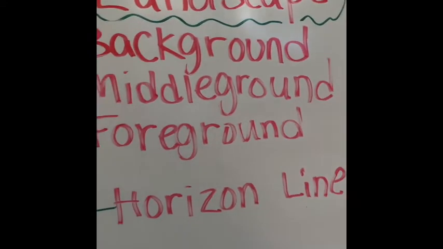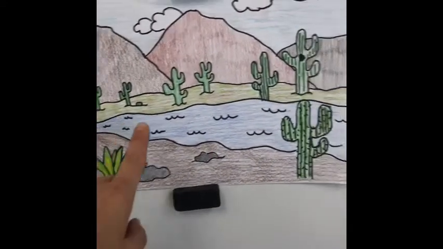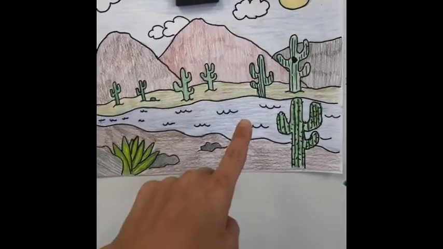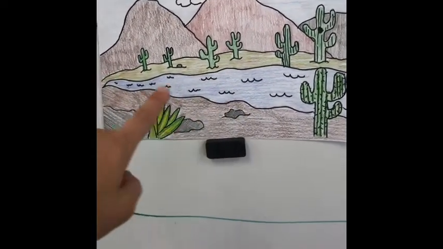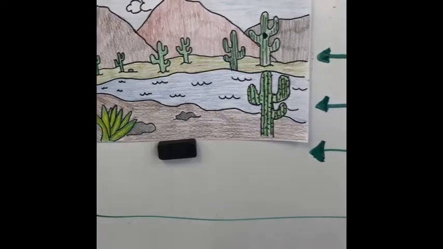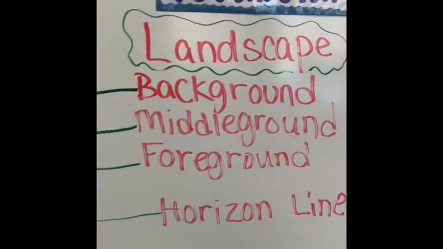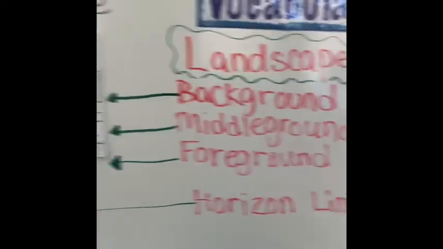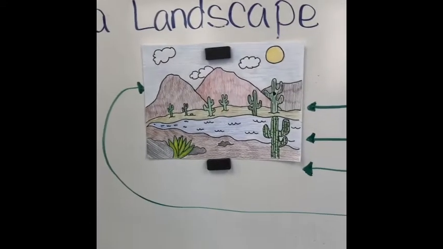The middle ground, and in the middle ground we have some medium-sized cactus and our water. And in the background of our landscape, we have our smallest cactus.